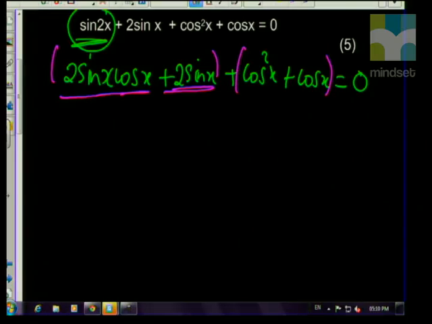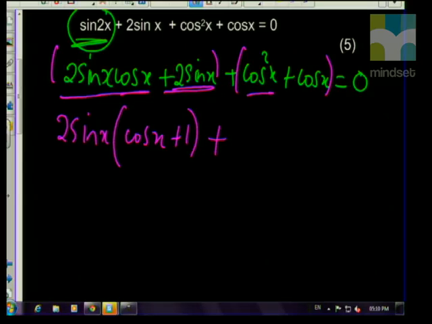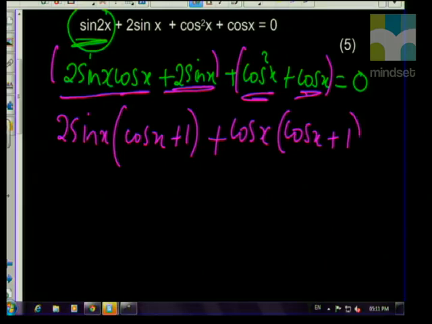So I've got 2 sine x as my common factor, bracket, cos x plus 1, plus, now this one I have a common factor of cos x, all right? So now cos x, bracket, cos x plus 1, okay, equals to naught.